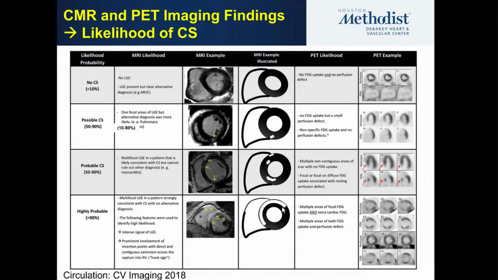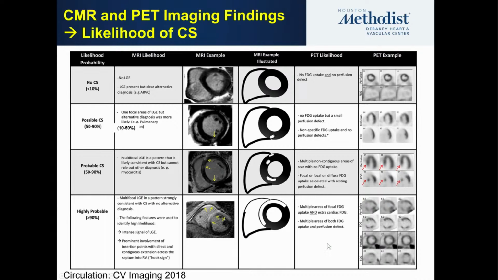Or if you see it in the very first pattern I showed you, where there is significant scar in the MRI involving the RV, or you see it as in here where you have multiple perfusion defects and multiple FDG uptake in these areas.